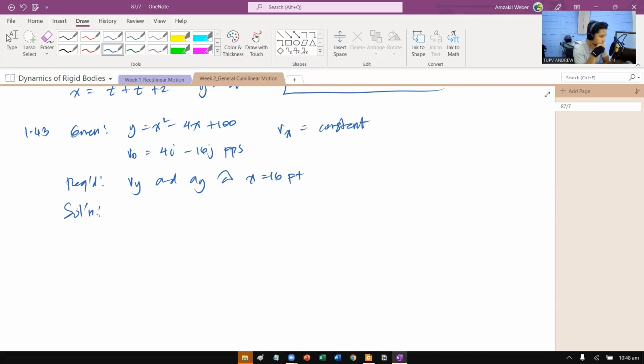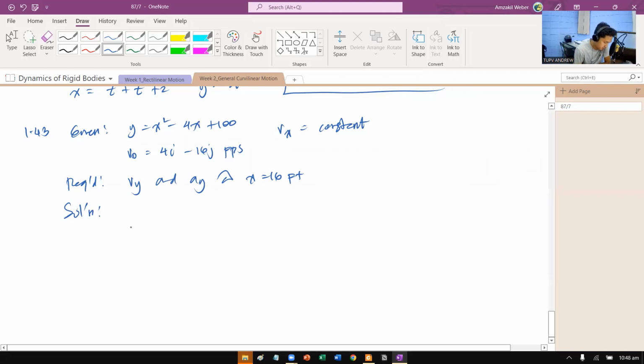We can visualize it if it helps, but if we can solve it algebraically, then no need for the visual. For Vy and Ay, we need equations for velocity and acceleration. What we have is the path, but we can differentiate it with respect to time to get the velocity and acceleration.